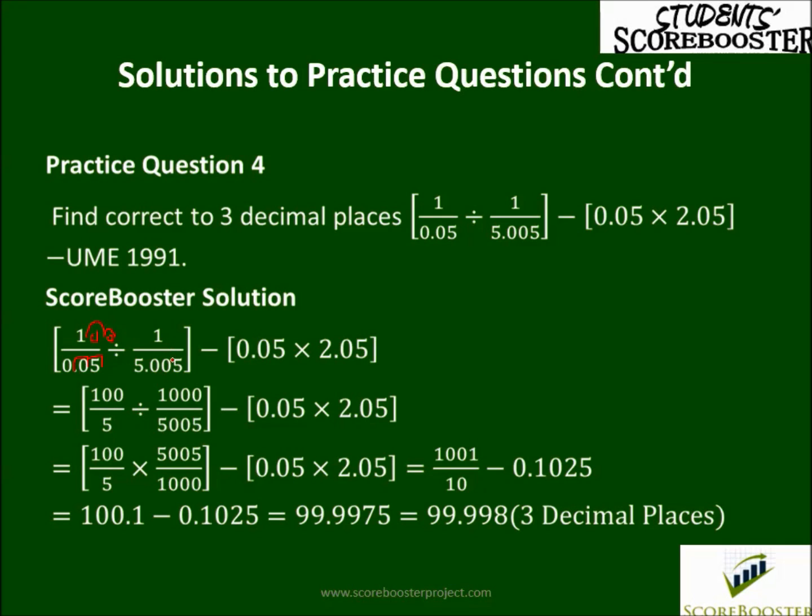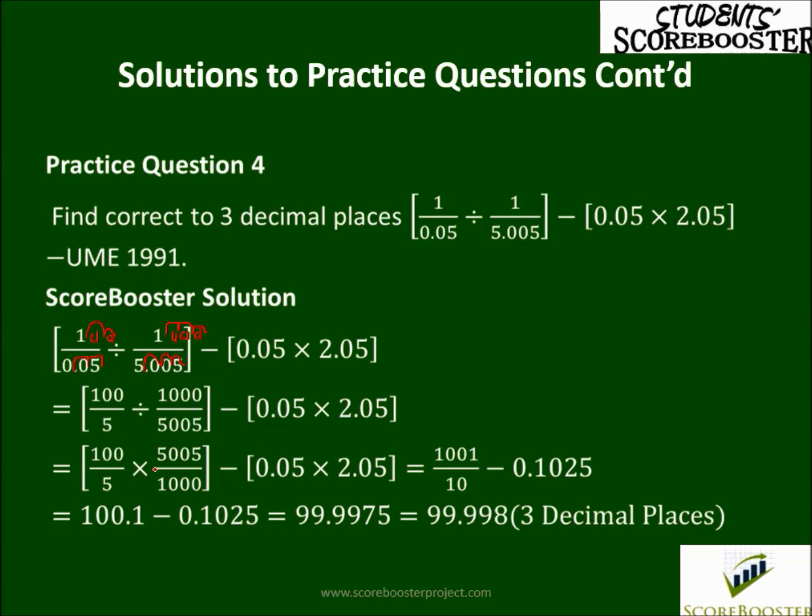Then divided by 1 over 5.005: when you move the decimal point in 3 places to the right, 1, 2, 3, you have 1000 over 5.005, which is 5005.